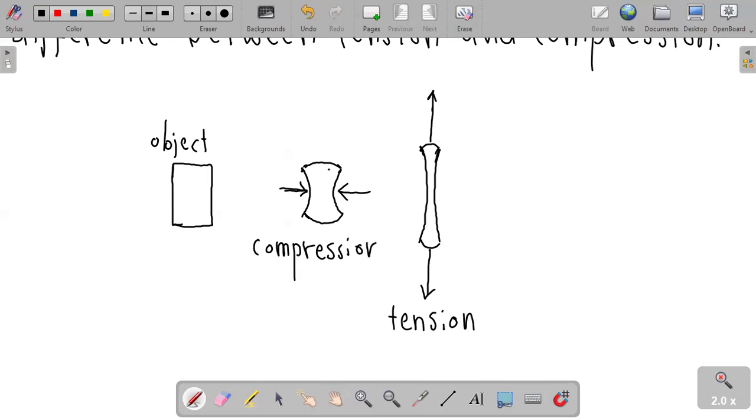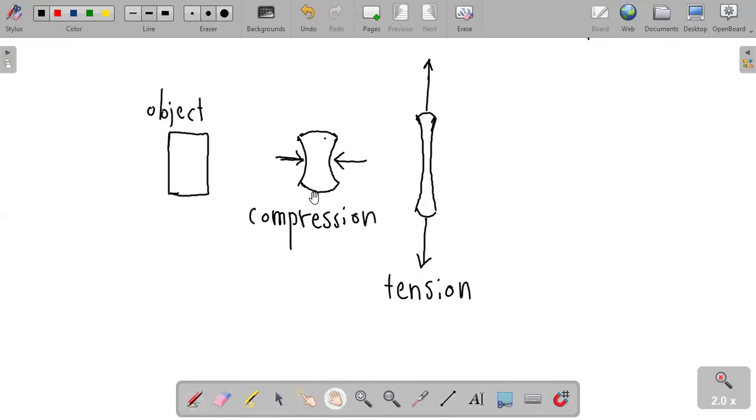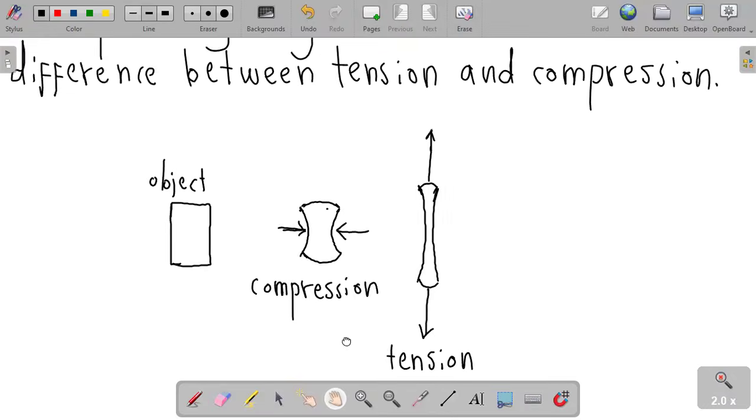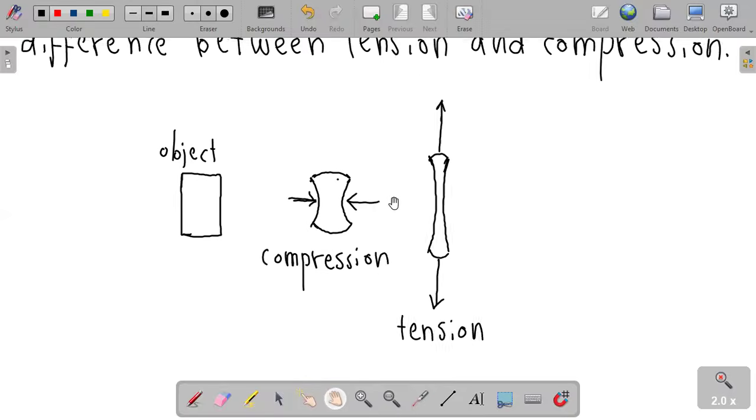And then here we applied compression. So the compression will squash the object and then the tension will stretch the object, okay? So the object becomes longer in this case. So what is the observation that we see here?